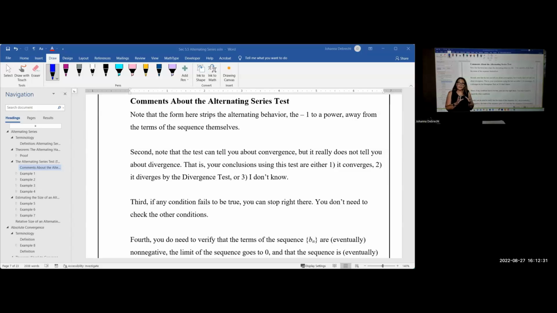And again, it's got to pass the divergence test. If the limit of the sequence of the strictly positive terms doesn't go to zero, then it's not possible for it to have a finite value. So again, if any of the three conditions fails to be true, just stop, because you can't apply the alternating series test. You do need to verify all three conditions.